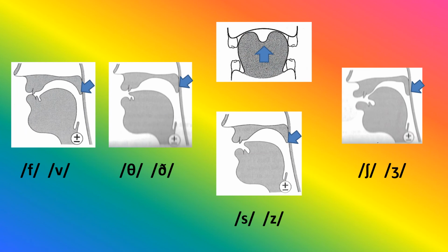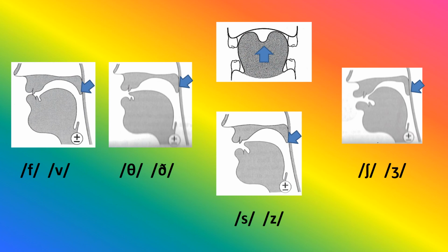Fricatives are grouped into the four pairs of voiced and their voiceless counterpart sounds. We find the labiodental fricative, dental fricative, the alveolar fricative, in which the tongue approaches the teeth ridge and is positioned in a shape that seems to be a groove to let the air escape with this hissing sound.